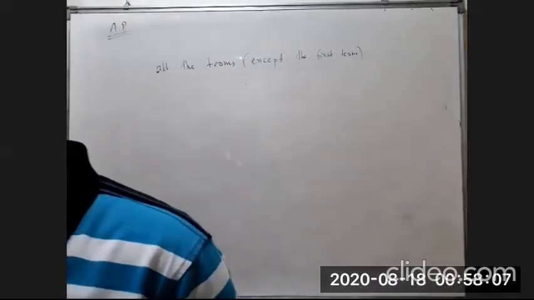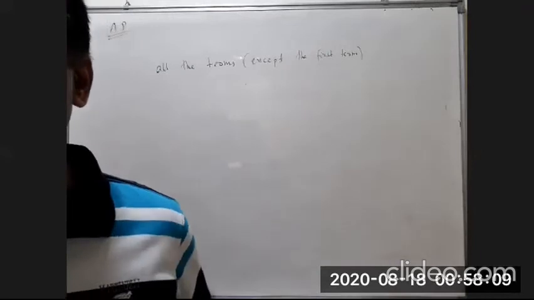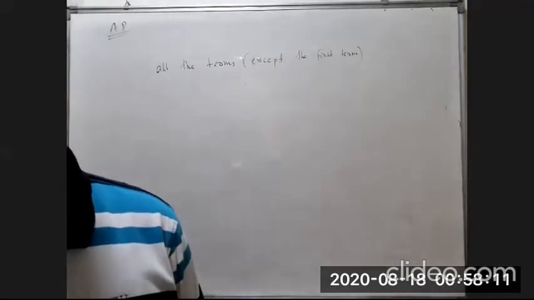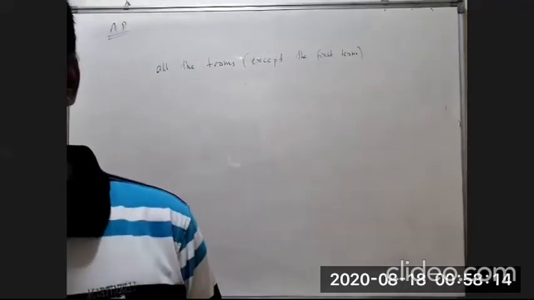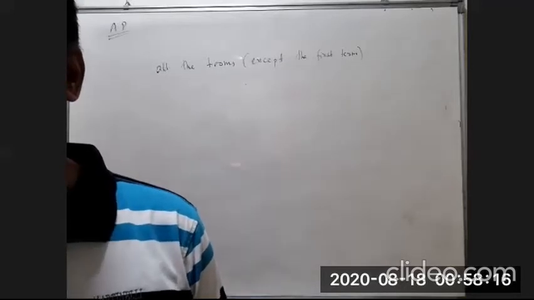So AP is a sequence of numbers in which all the terms except the first term are obtained by adding a fixed number to the previous term.